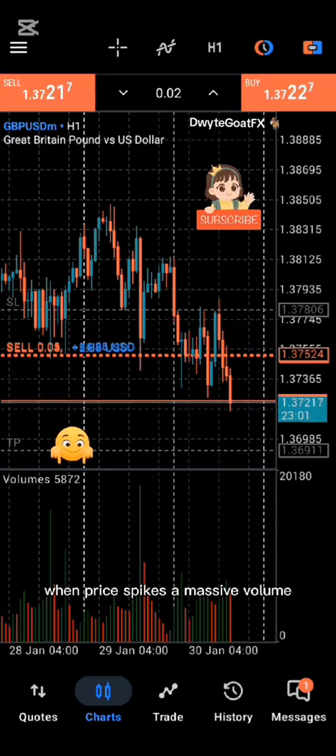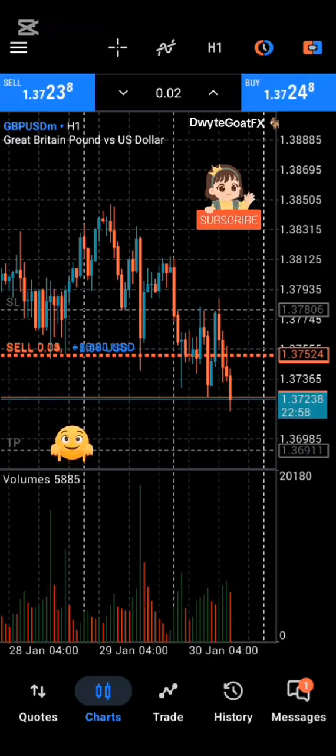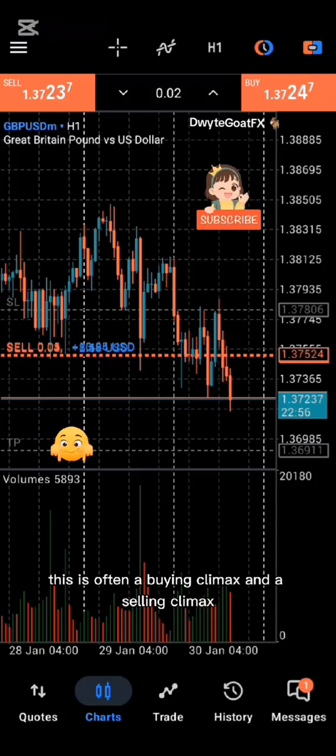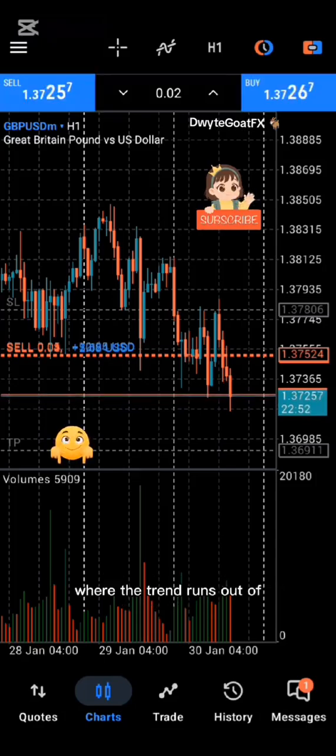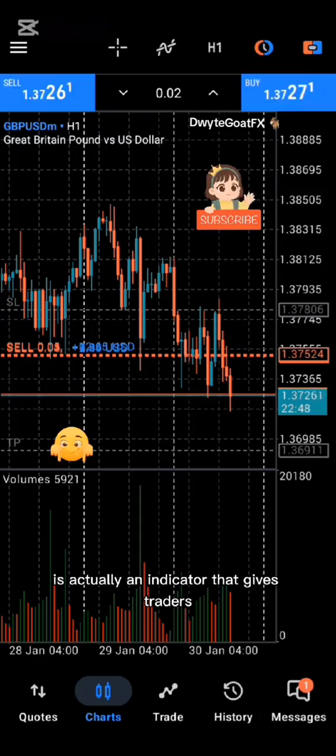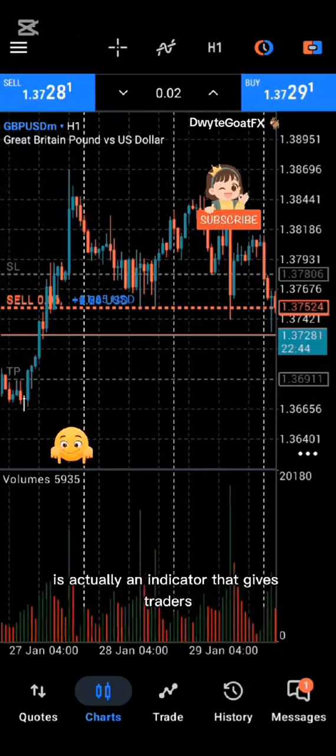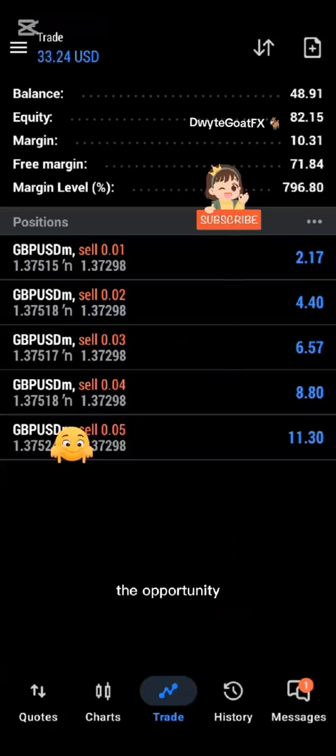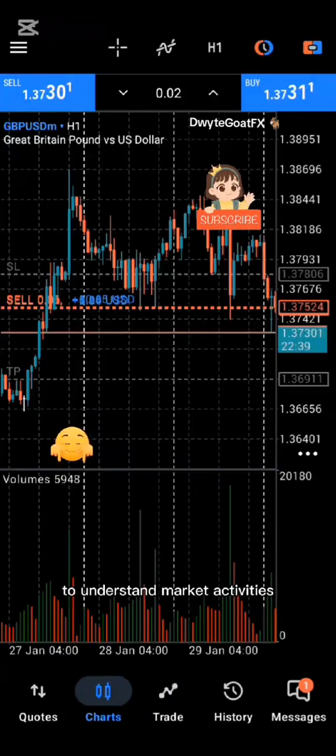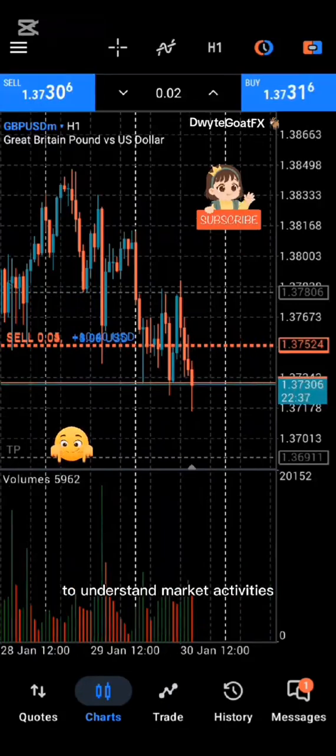When price spikes on massive volume, this is often a buying climax or a selling climax where the trend runs out, upward bursting. So the volume is actually an indicator that gives traders the opportunity to understand market activities.